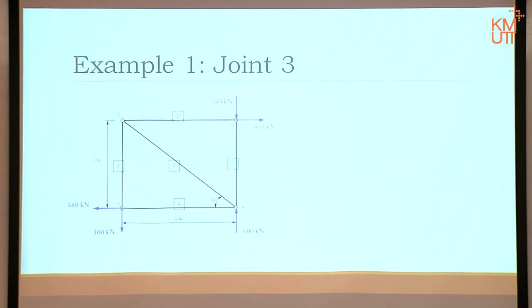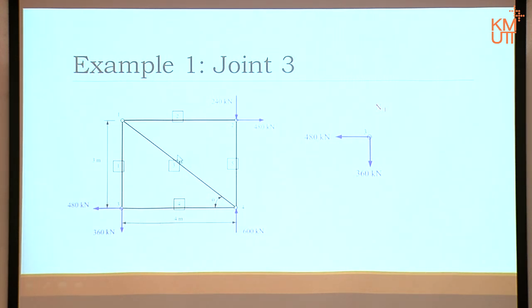So now, if I choose joint 3, then I have to draw a free body diagram for joint 3, right? That's the body, the 2 forces applied, and then the 2 unknown forces, right? Let's talk about these unknowns one by one. Okay, let's talk about N1 first. I know that N1, because it's axial force, has to be on the same line as the member, correct?